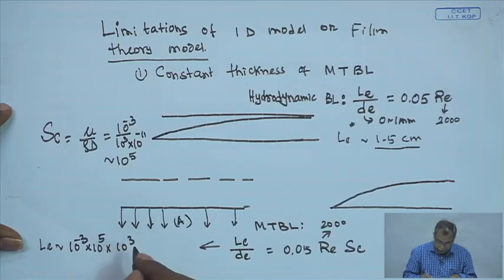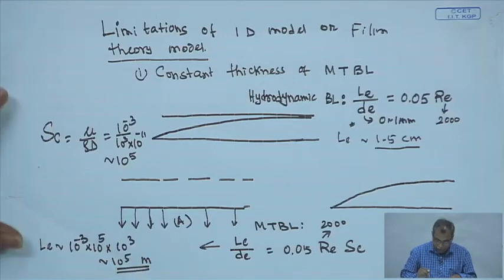So, this will be in the order of 10 to the power 5 meter. So, the entrance length for the mass transfer boundary layer in a membrane channel will be very high. Even if you are considering a 2 meter, 5 meter, or even 10 meter channel length or tube length, the mass transfer boundary layer will still be developing.